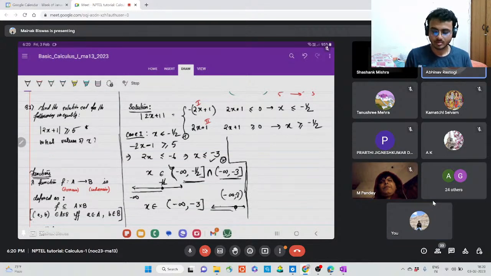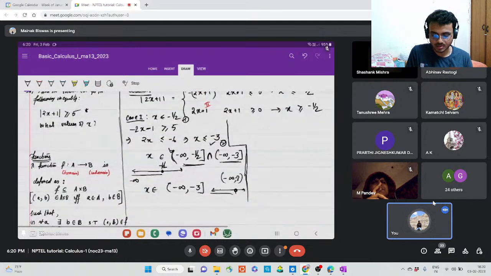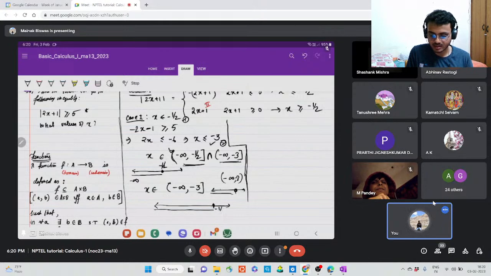Sir, it's minus 3 to minus half. Is it? It's the intersection of all numbers from minus infinity. Let me draw that. One set is minus infinity to minus half, right? Another set is minus infinity to minus 3. This is the intersection, right? Okay, so minus infinity to minus 3 is the intersection.